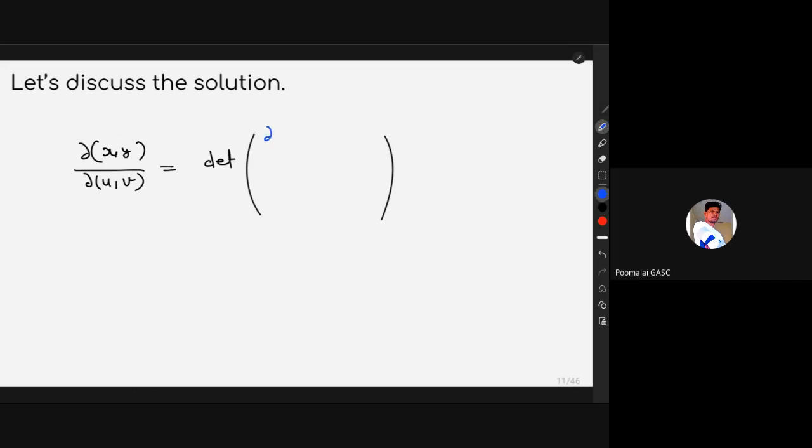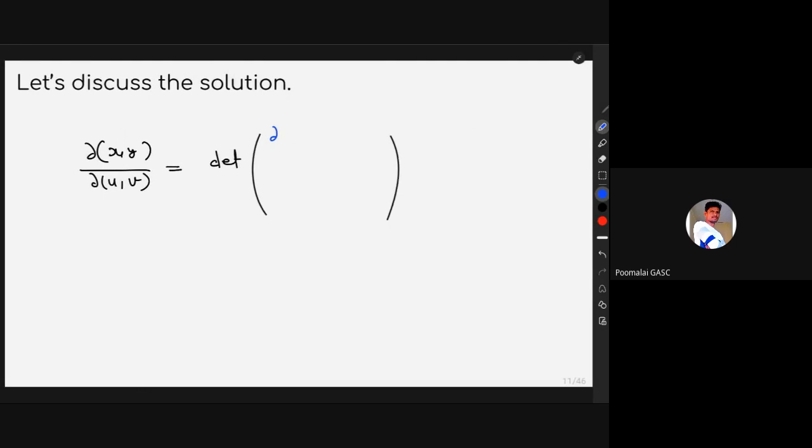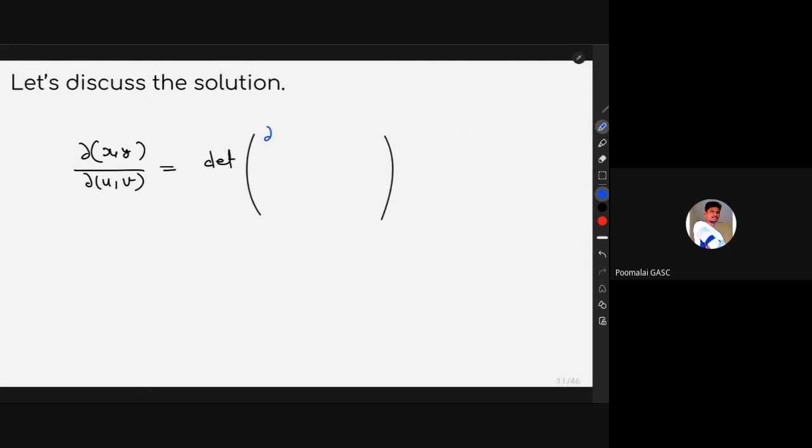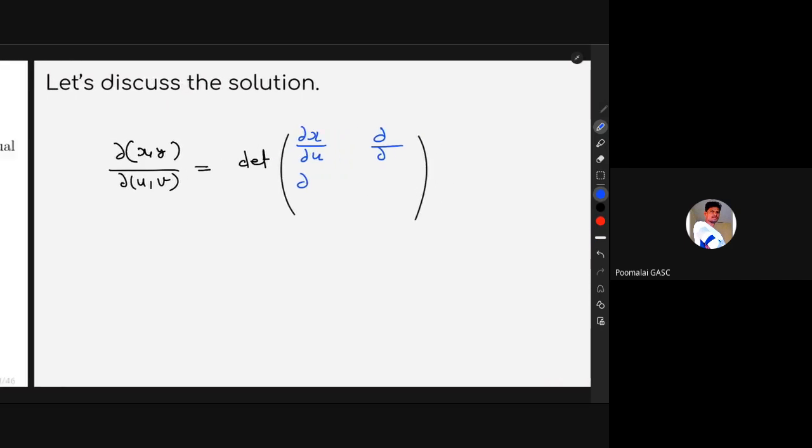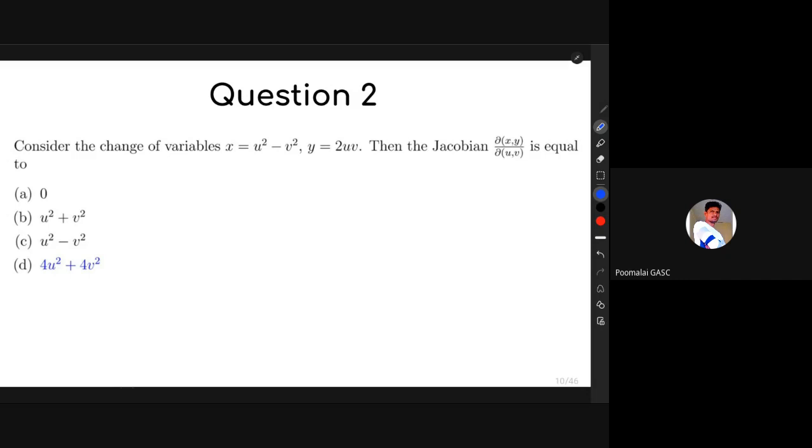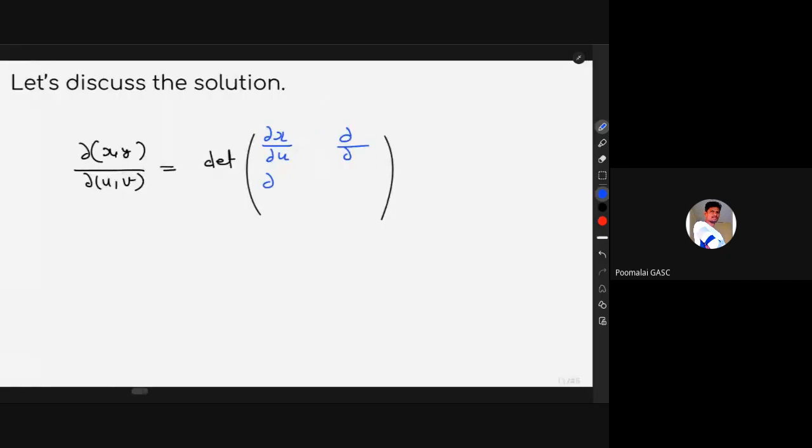The matrix is: partial x by partial u, partial x by partial v, partial y by partial u, partial y by partial v.